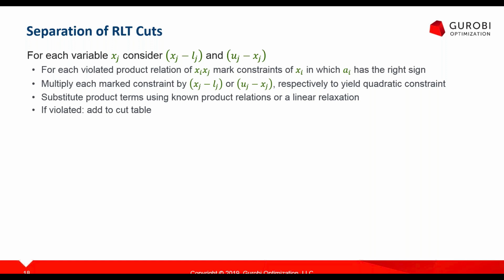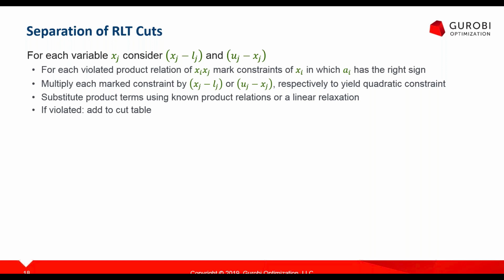And now we mark all the constraints in which Xi appears, right? Because for such a constraint in which Xi appears, if you multiply it with xj, then you get this product xi xj, which you can then replace by the yij variable. And there you have the violation from the relaxation.